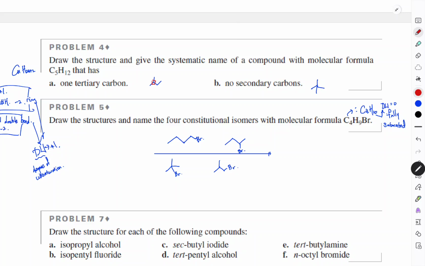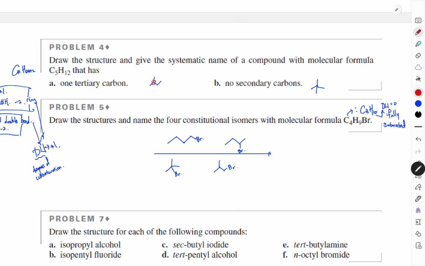Then you can double check: 1, 2, 3, 4, 5, and you have 12 hydrogens. This is butane eventually, and you have a methyl substituent in position 2. So this is going to be 2-methylbutane.